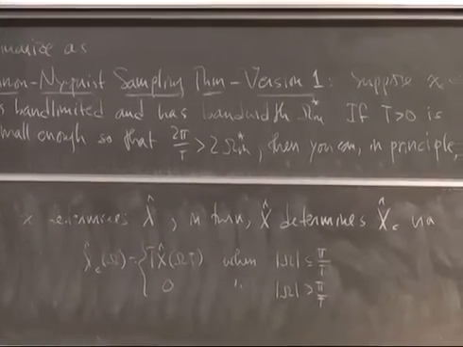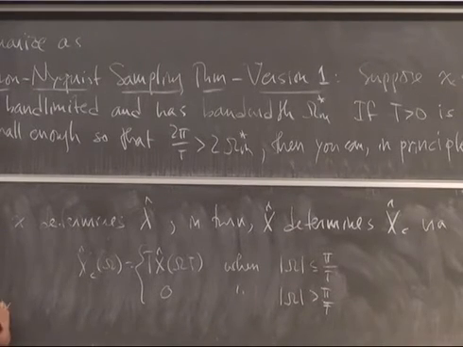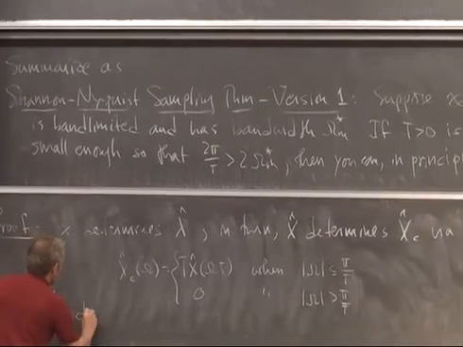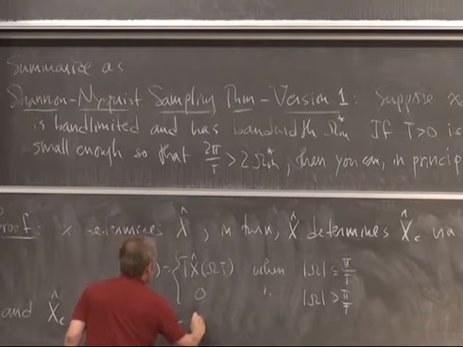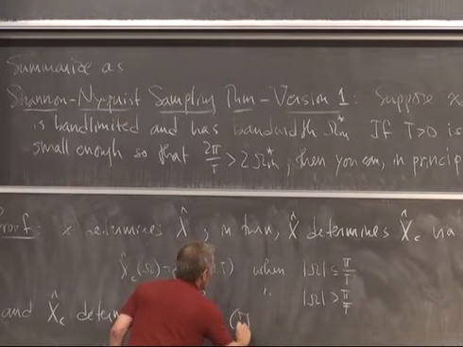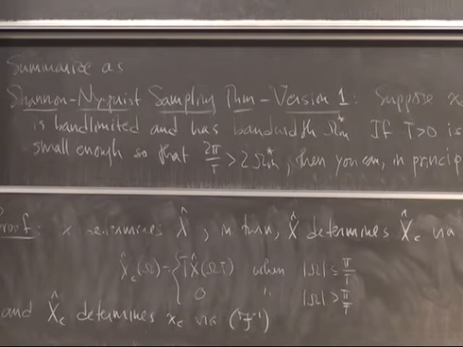And xc hat, in turn, determines xc by means of the inverse Fourier transform, script F inverse. Because if you know the continuous time Fourier transform, sometimes you can't plug it into that equation, but just say you can. If you can, it still determines the signal xc.